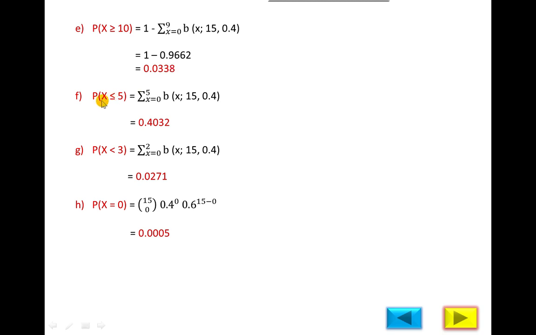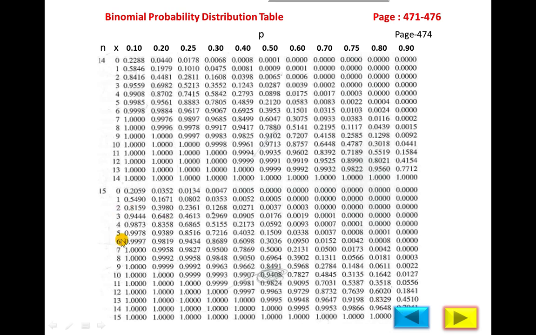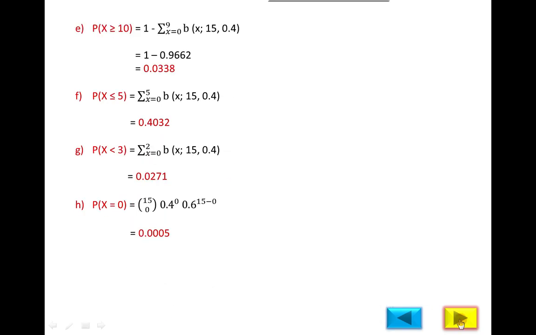Next condition, less than or equal to 5. At most 5 means 0 to 5, so write it directly. Instead of a lengthy calculation using the table, you can write the value of 0 to 5 directly, 0.4032.